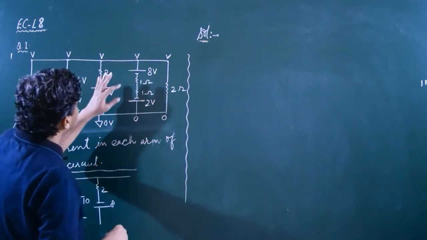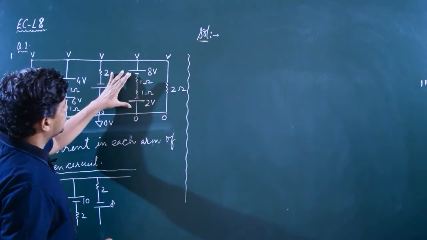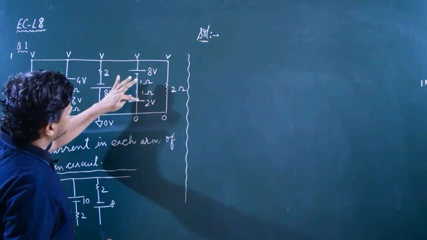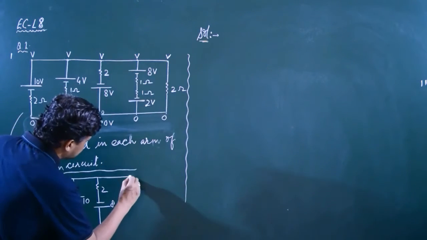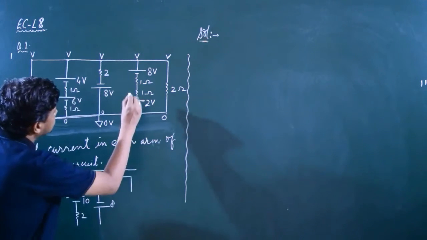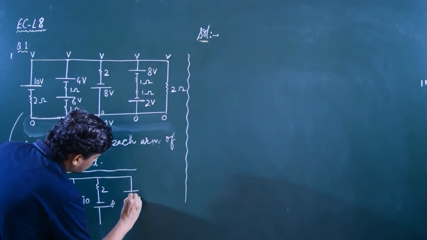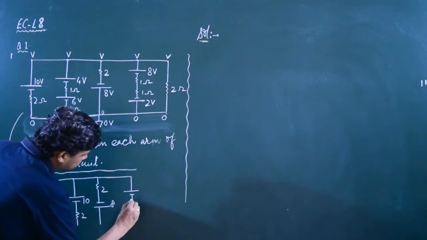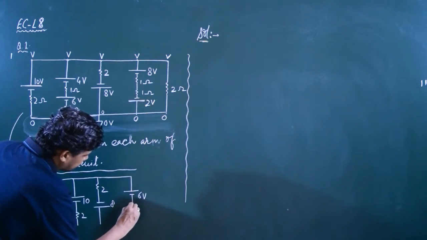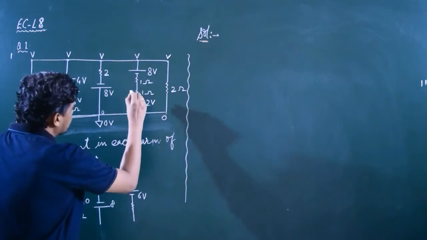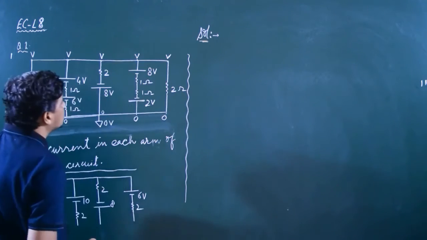Now see, 8 and 2 volt are opposing each other. That's why the resultant EMF is 8 minus 2, that is 6 volt. Upper will be positive and the lower will be negative. It is 6 volt and internal resistance is what? 1 plus 1, that is 2 ohm.